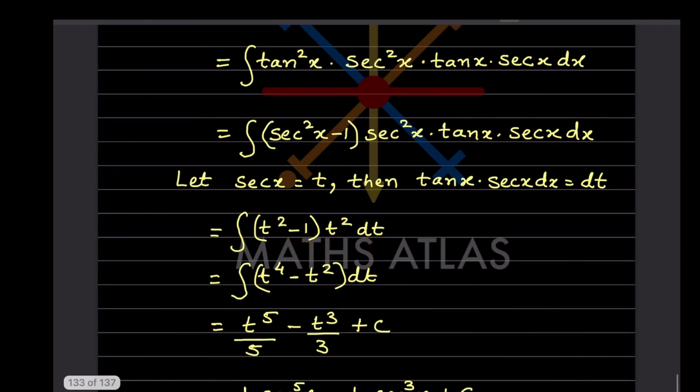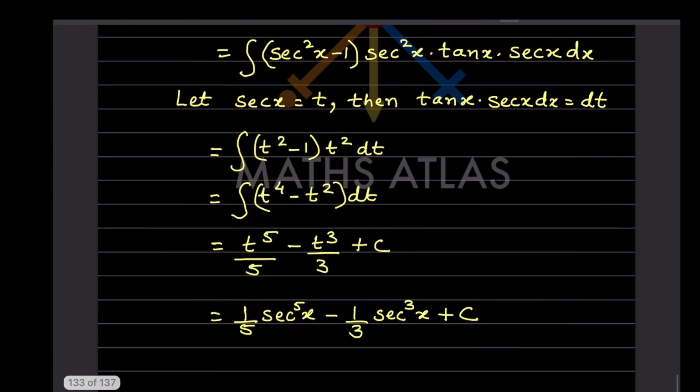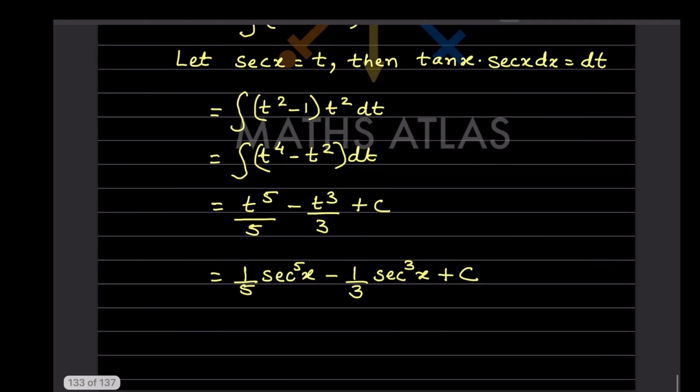Now when we take the integration of this, t raised to 4 will be t raised to 5 by 5, that is, t raised to n plus 1 divided by n plus 1. So this is 4 plus 1, that is 5, divided by 5, and same for this one, 2 plus 1 divided by 2 plus 1, that will be t cube by 3, plus c. Now we'll put the value of t over here.